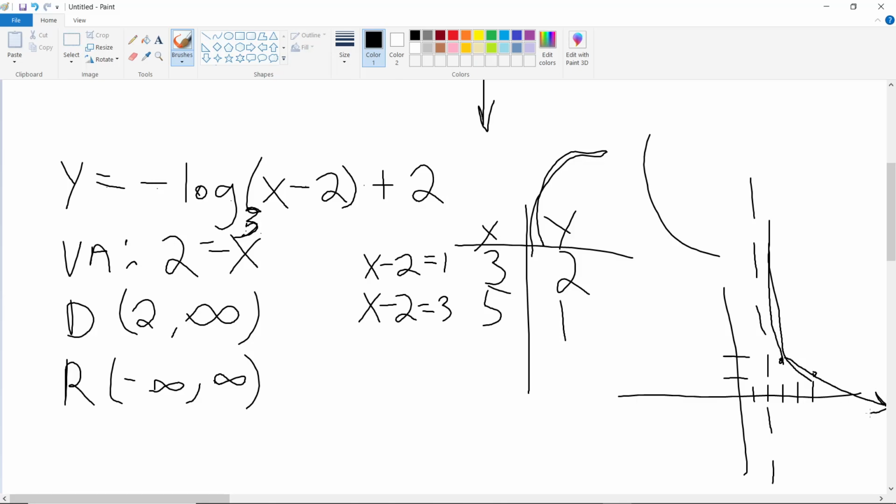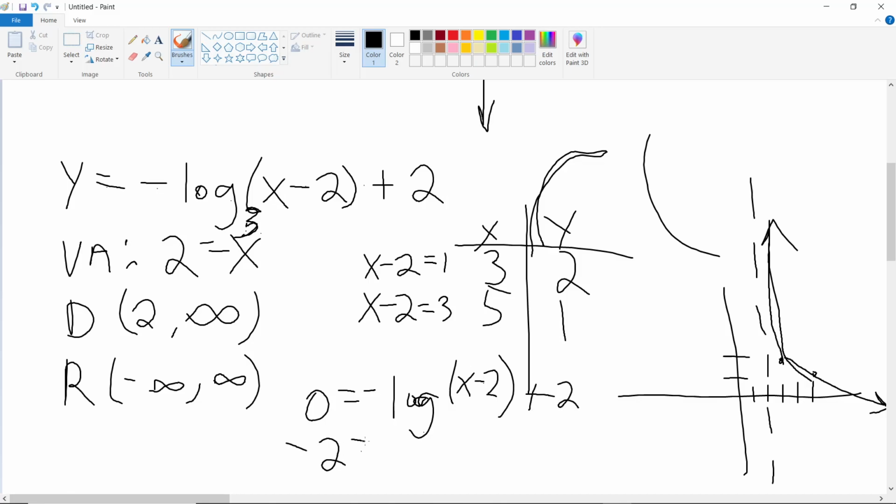And I might want to plot one more here because now it's crossing the x-axis. So I want to see what happens when y equals 0. 0 equals negative log base 3 of x minus 2, plus 2.